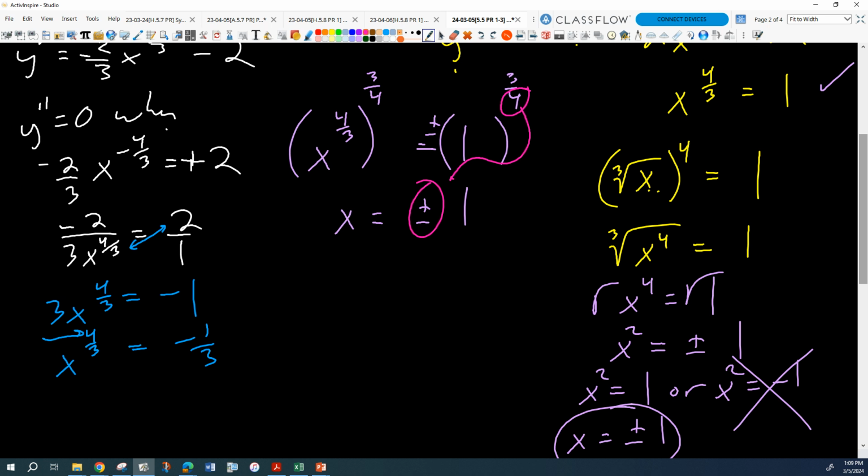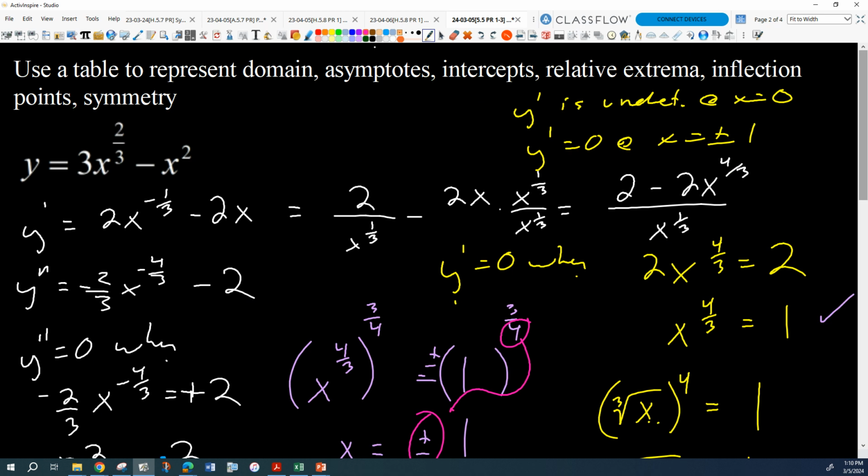The reason that can't work is because a rational exponent with an even numerator is non-negative, it can't be negative, because you're taking it to an even power. And so that means that's impossible. No solution. No critical numbers. Okay, good.